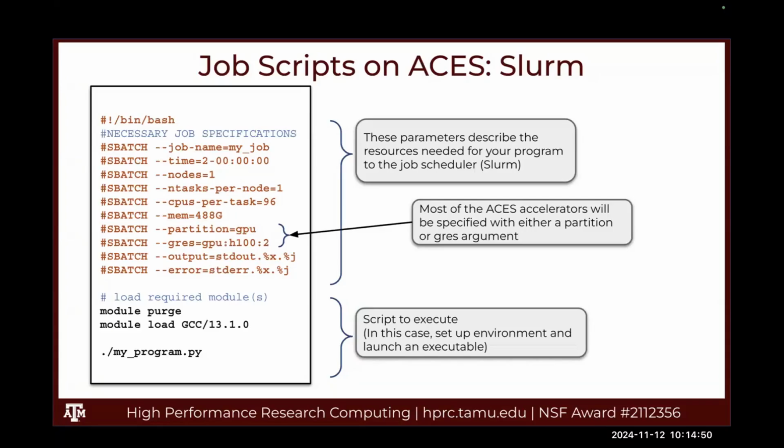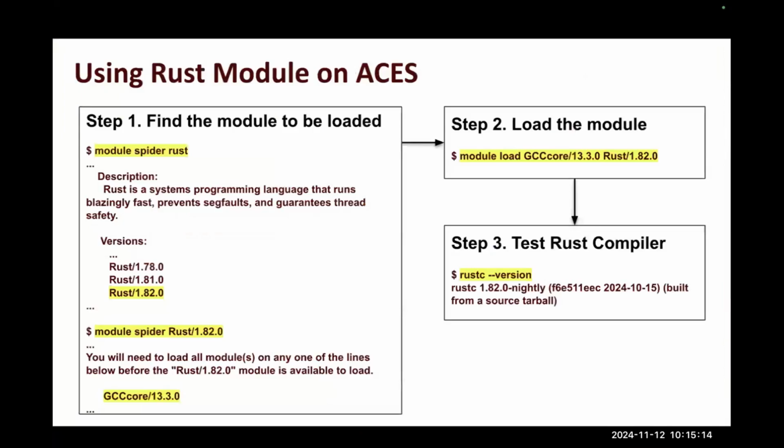The top part is the configuration of the resources you are requesting. Then you load your modules to set up your software environment, and then you run your job. That's basically the structure. You can follow the details in the video I mentioned previously.